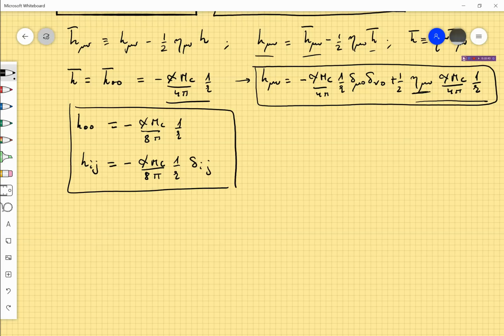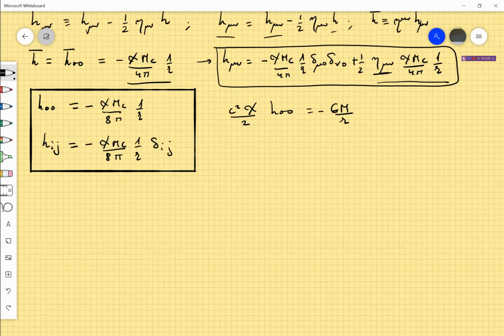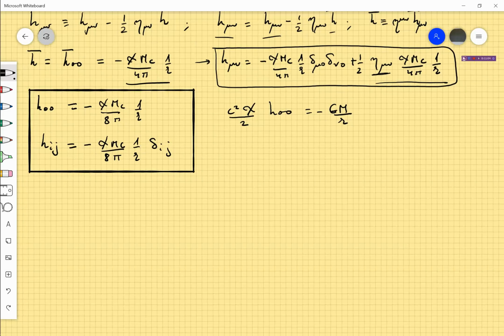We need to make some definitions. Let me call c squared times chi divided by 2 h 0 0, which is minus gm over r. Okay, there is a chi here, there's a chi there. Remember that chi was 16 pi g over c squared.